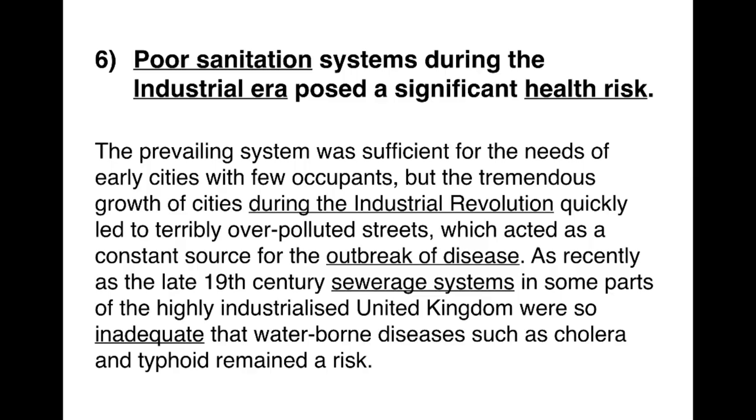Inadequate means poor, so we do know that they were poor sanitation systems, they weren't good enough, they were inadequate, and again the word risk comes at the end. So all of that together means that the answer is true.